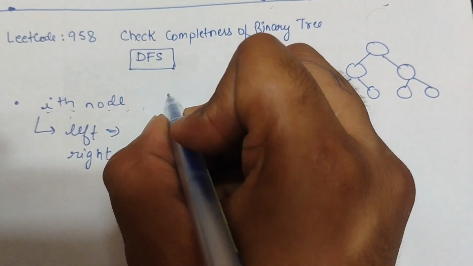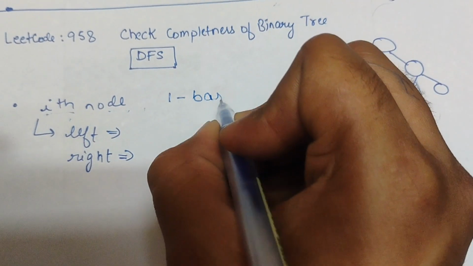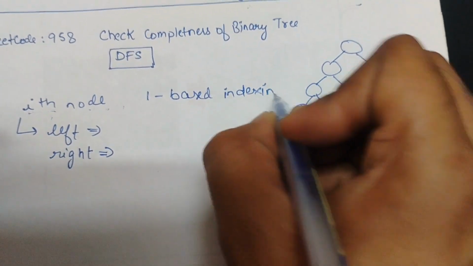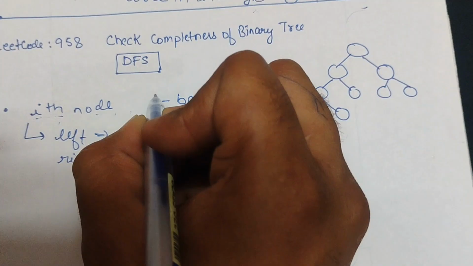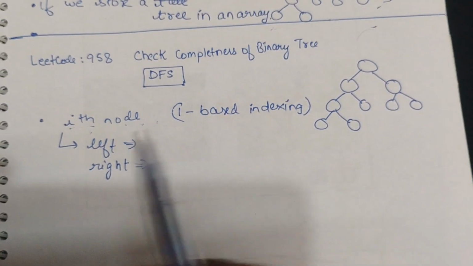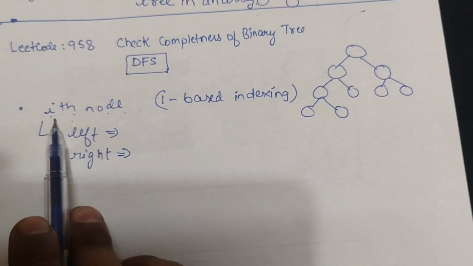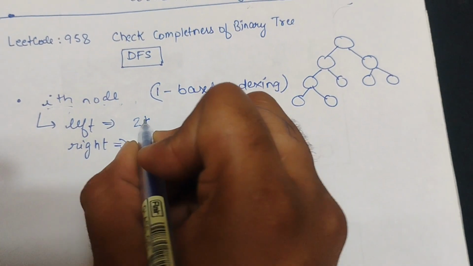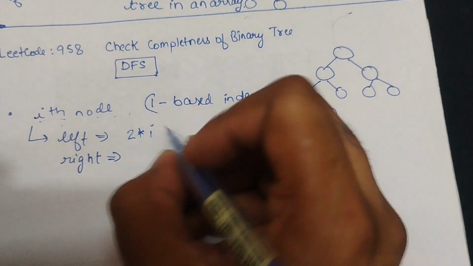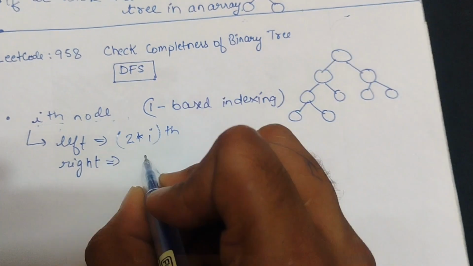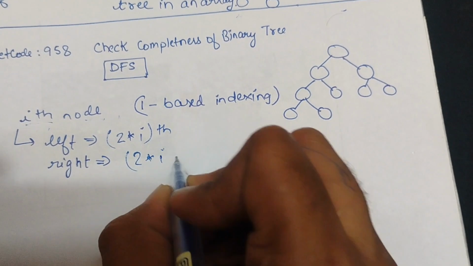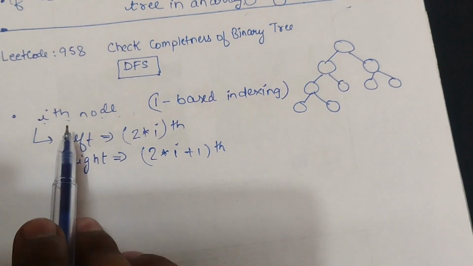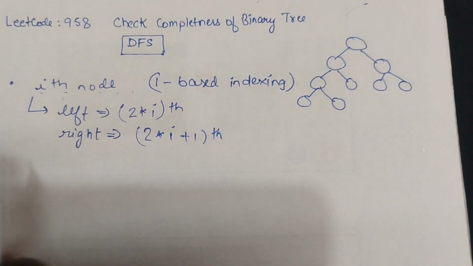I'm using one-based indexing, that is, I'm storing from the first index, not the 0th index. In this case, if I store a tree node at the ith index, then its left node will be stored at 2 into i, and the right node will be stored at 2 into i plus 1 index. So you should know this one thing.